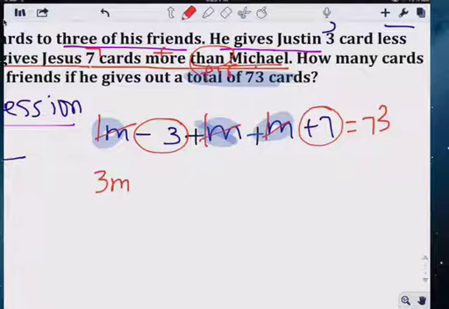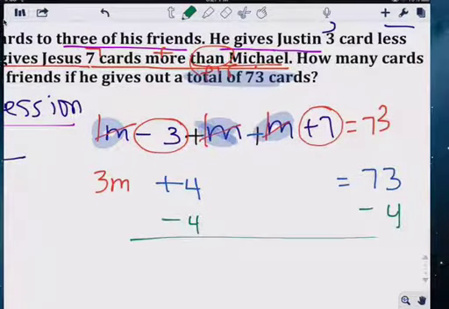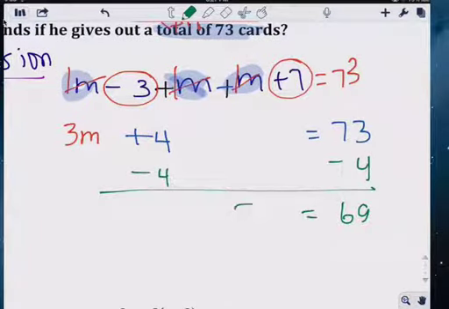We actually need to combine them, because one is negative and one is positive, so we get a positive 4. 3M plus 4 equals 73. Minus 4, minus 4, we get 69 equals 3M.